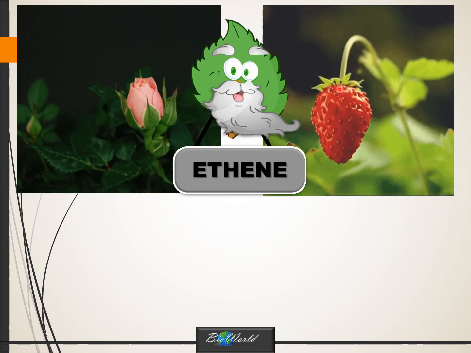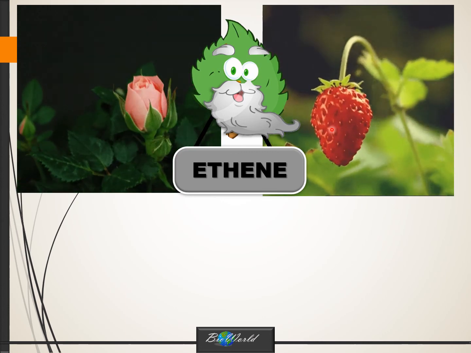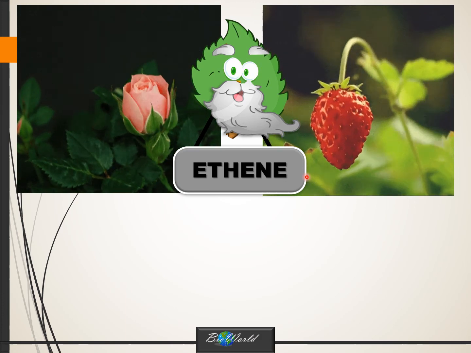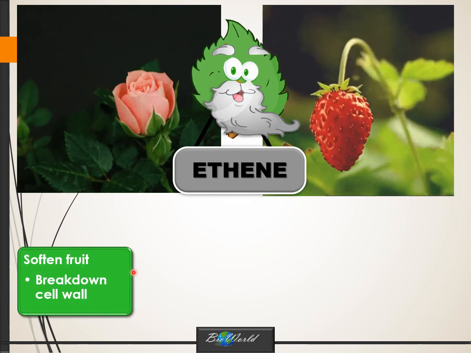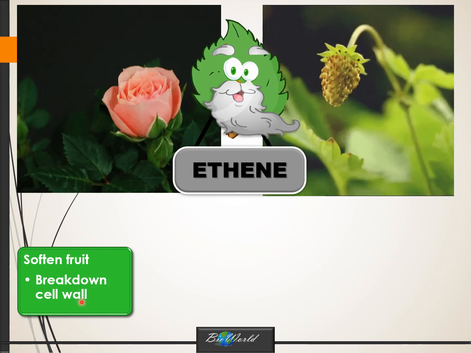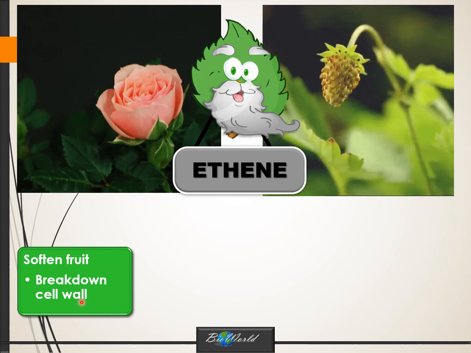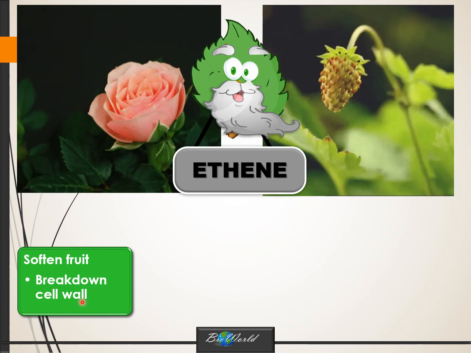Firstly, a ripe fruit has a softer texture than an unripe fruit. This is possible because the hormone ethane will stimulate enzymes that will help break down the cellulose in the cell wall of the fruit. So that is why the fruit becomes easier to bite when ripe.